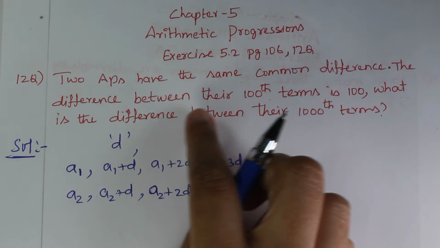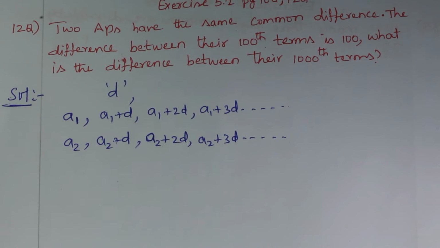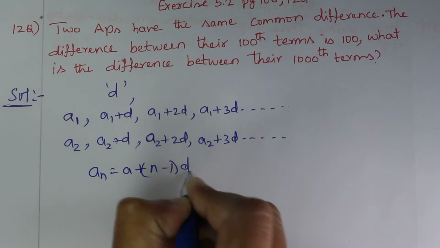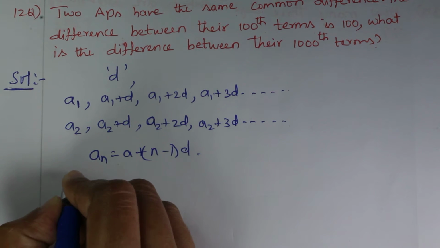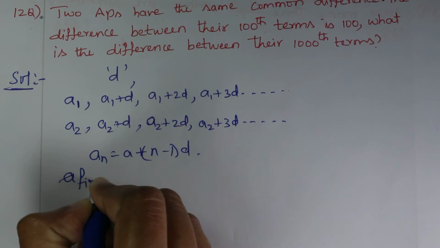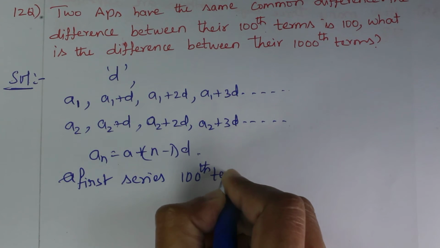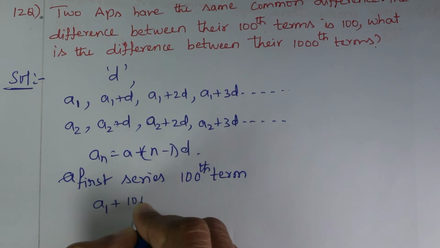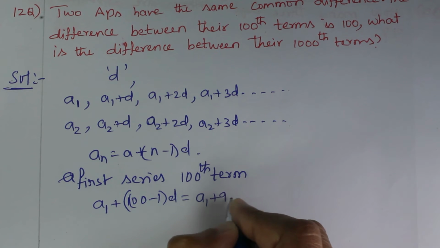Now he has given that the difference between their 100th terms is 100. So what is the 100th term of the first series? We know the formula of an, right? An is equal to a plus n minus 1 into d. So the 100th term of the first series becomes A1 plus 100 minus 1 into d, that is equal to A1 plus 99d.